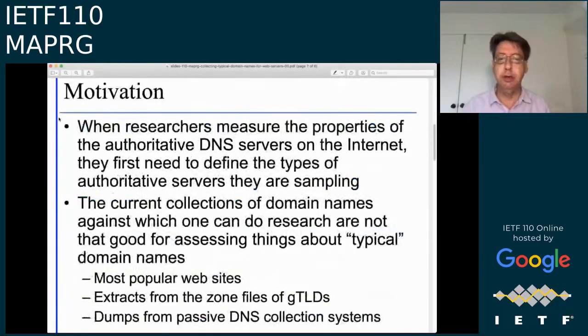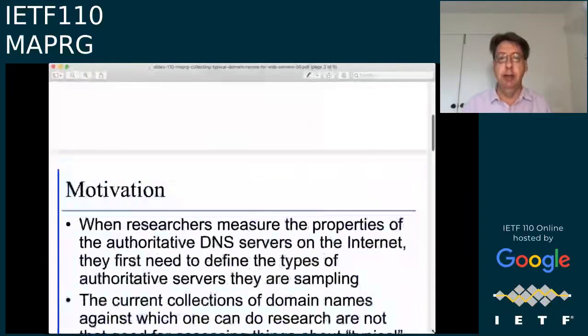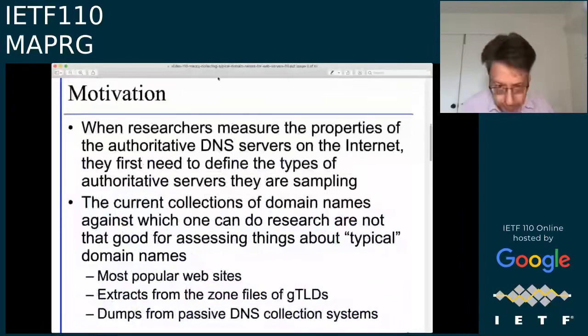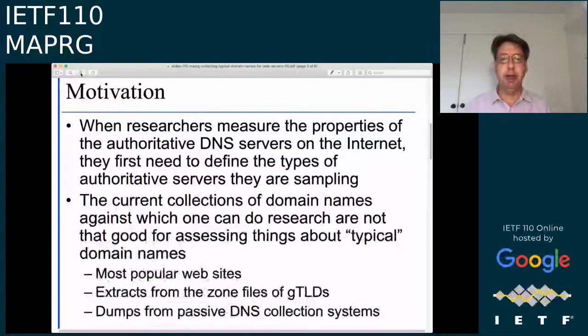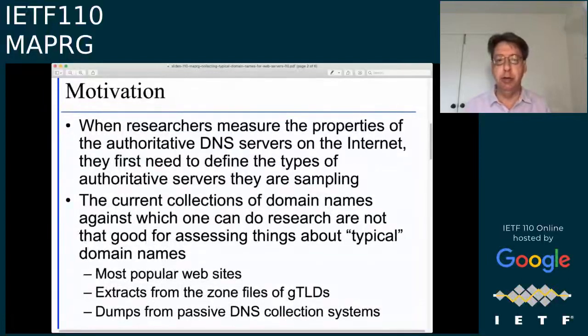So the motivation for this work was that in the DNS, a lot of people, when they're doing research on authoritative servers and such, want to collect data from a lot of authoritative servers. Typically what people do is they use one of the lists of the most popular servers out there, like the Alexa list or the Tranco list.